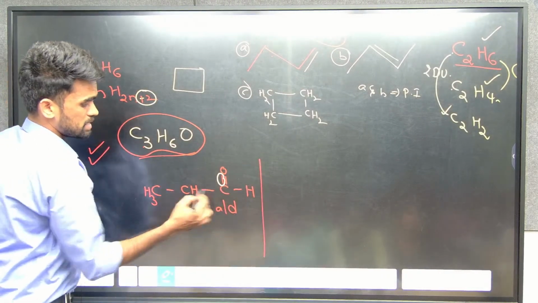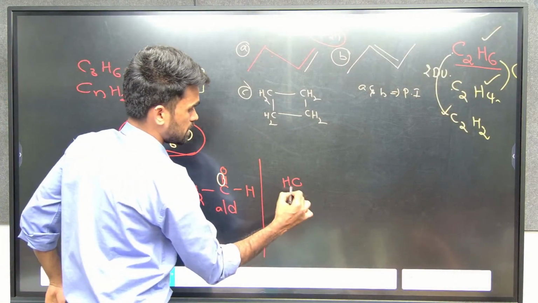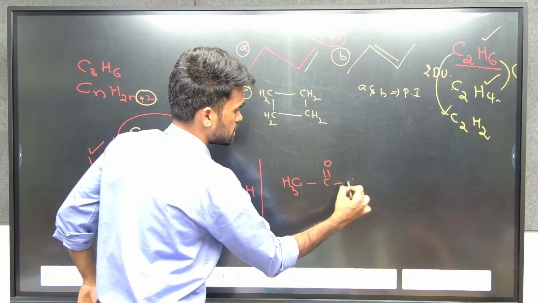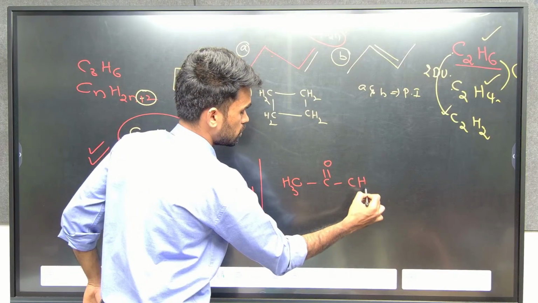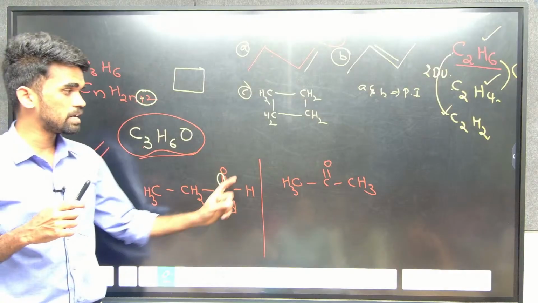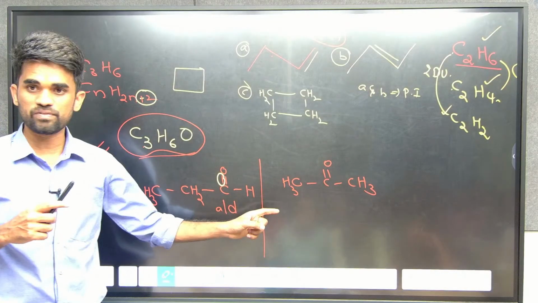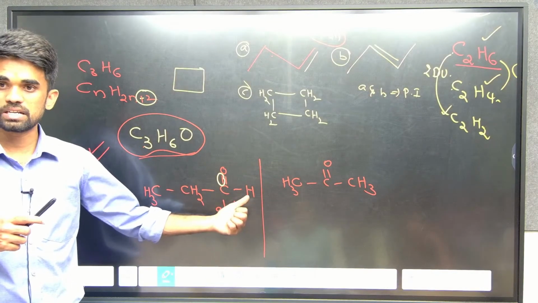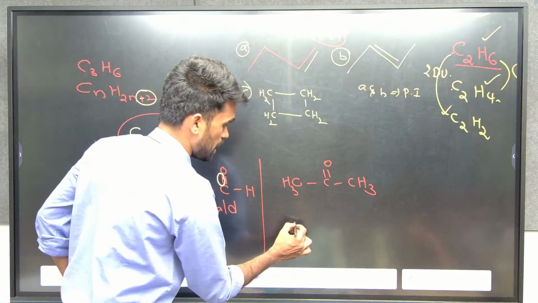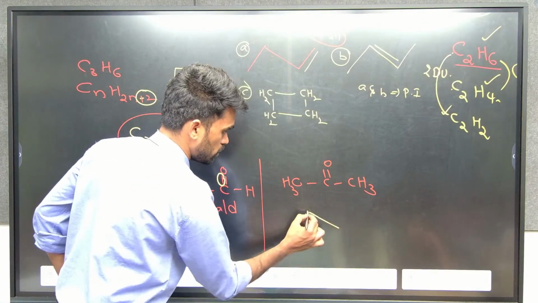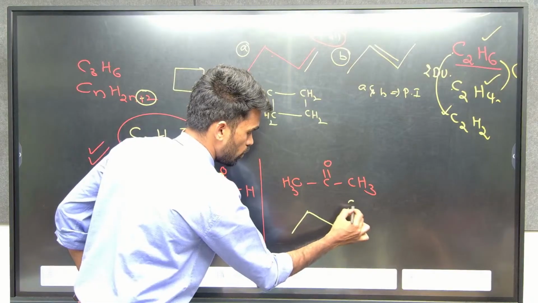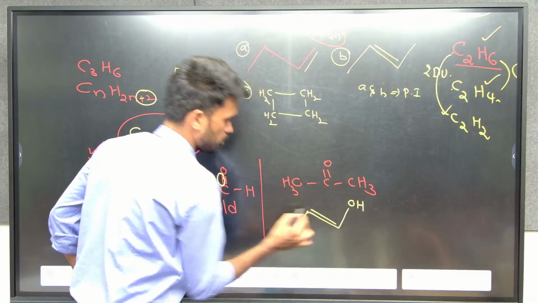Aldehyde. With the same formula, I am writing CH3, CO, CH3. What about this? Ketone. Aldehyde and ketone are functional groups. So 1 and 2 are functional group isomers. With the same molecular formula, what I am writing? CH2, CH2, CH2, OH, like this.